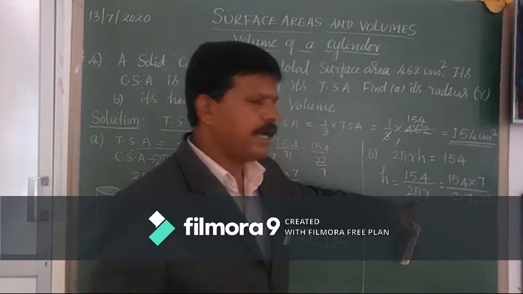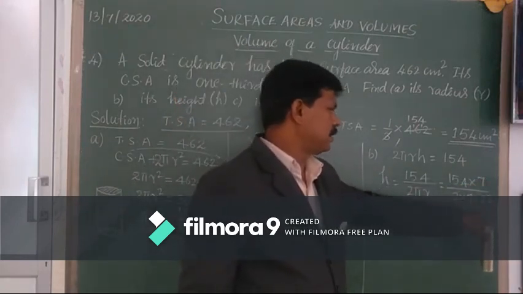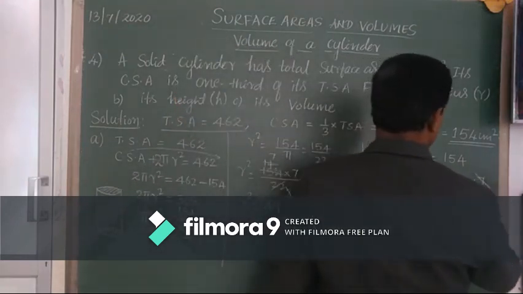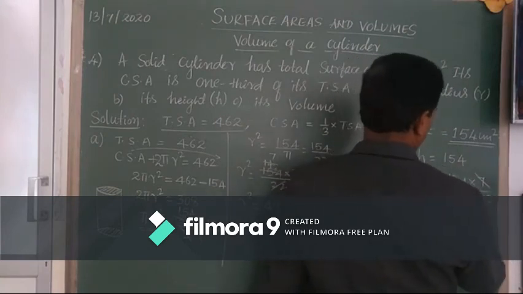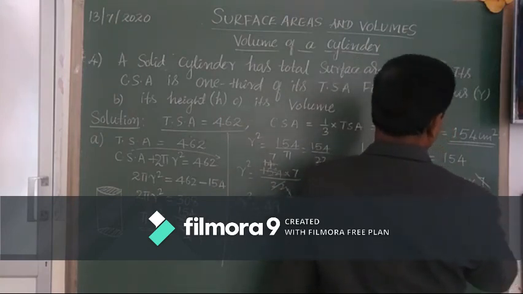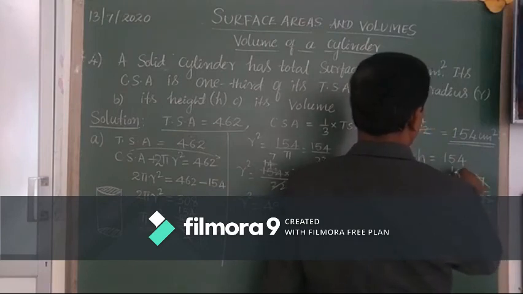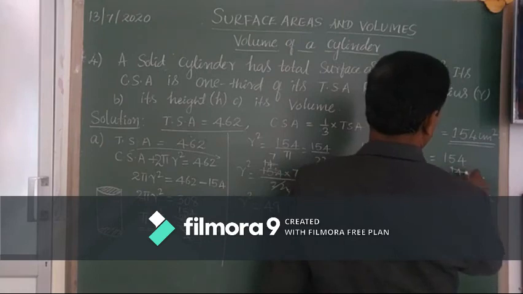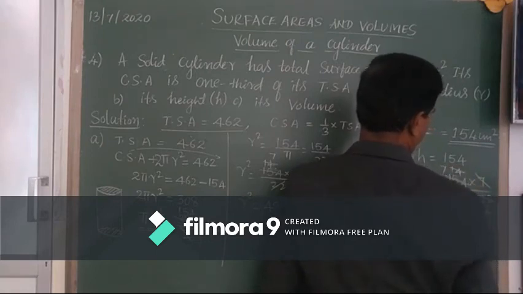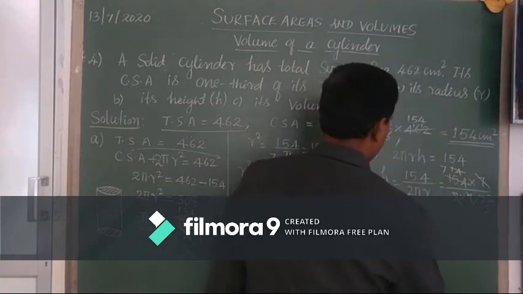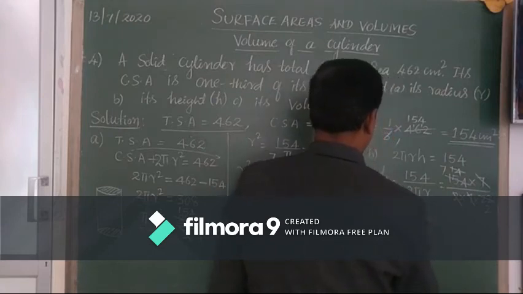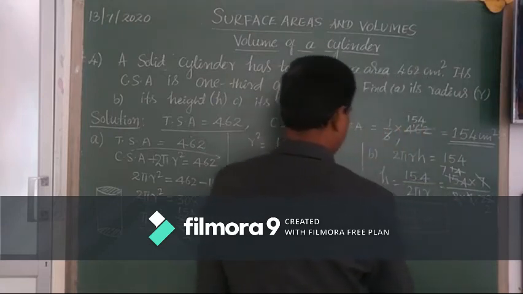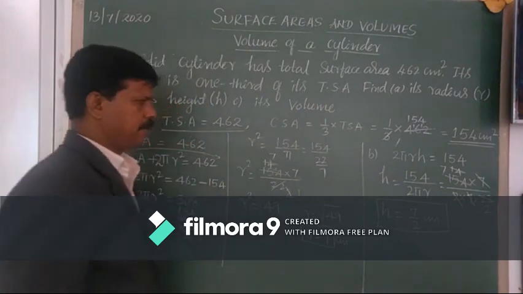I have written pi as 22 by 7 like this. So here 7 and 7 get cancelled. Then h is equal to 7 by 2 centimeter. Height is 7 by 2 centimeter.